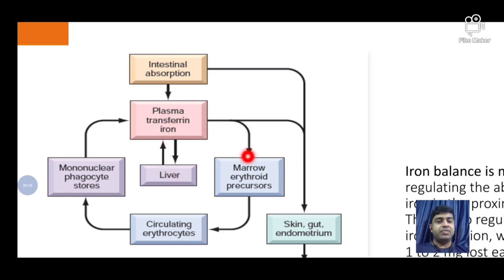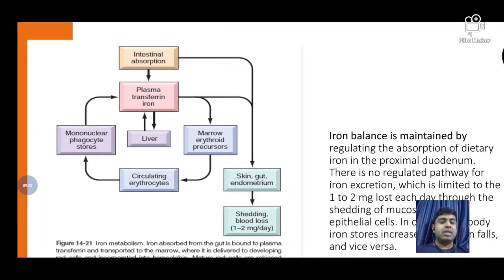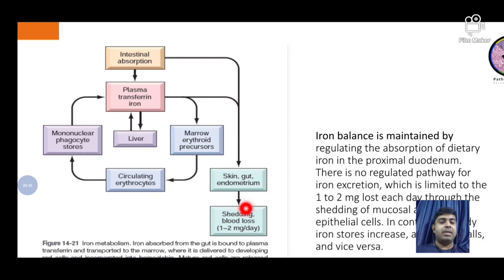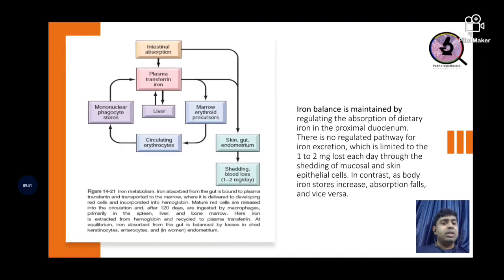Some of the transferrin iron is transferred to the marrow, macrophages, and erythroid precursors. Then the iron enters the circulating erythrocytes, and when the erythrocytes die at the end of 120 days, it is released back into the plasma. Some amount of iron is also given to the skin, gut, and the endometrium, and then as their cells die, again they shed.